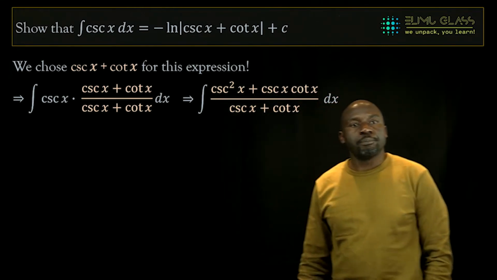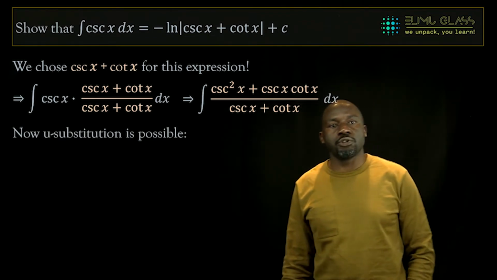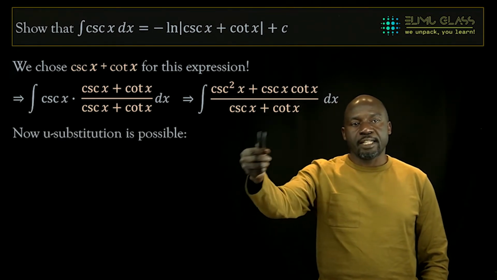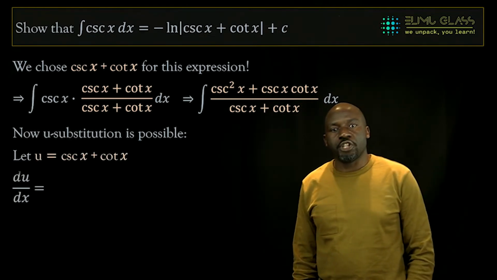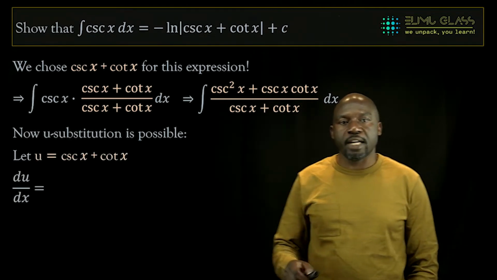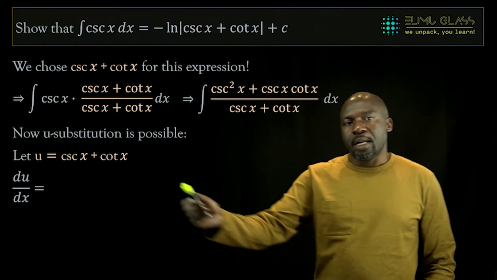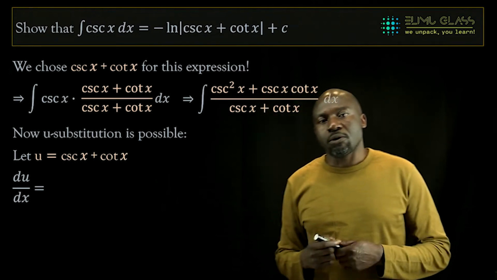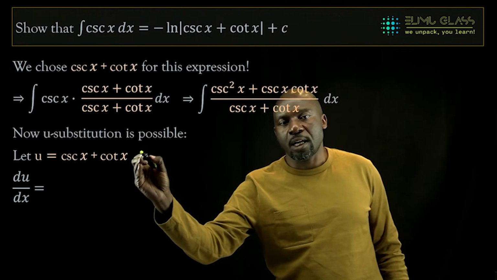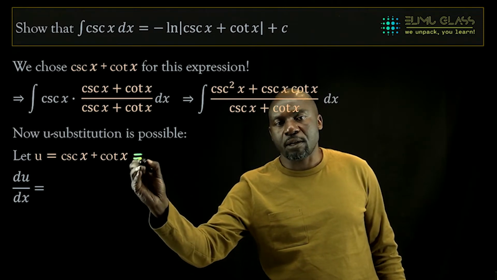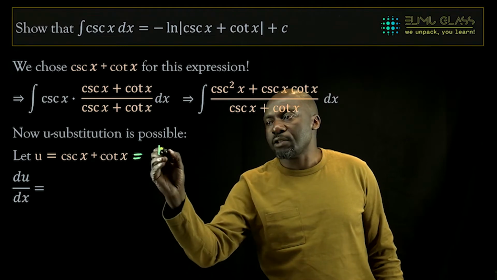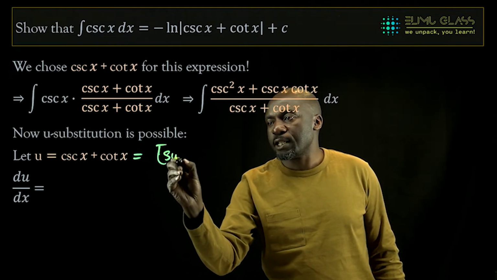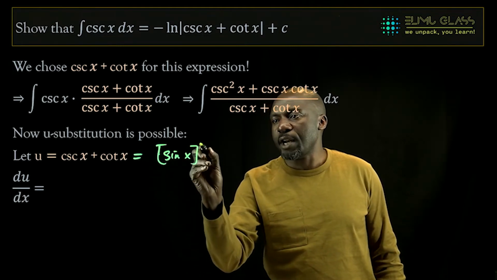Let's do that now. If we use u-substitution by letting that denominator be u, then differentiating the denominator, du by dx, gives the following. Cosec x is 1 over sine, so I can write this as sine of x to the power negative 1.